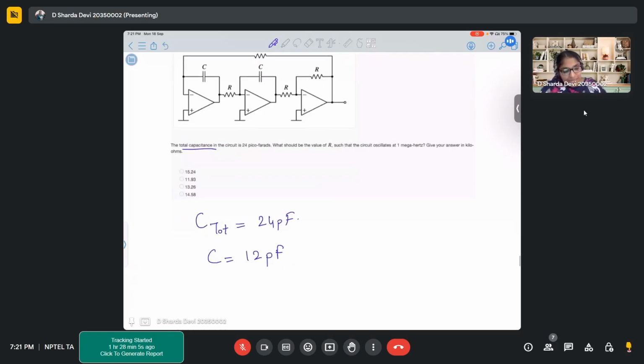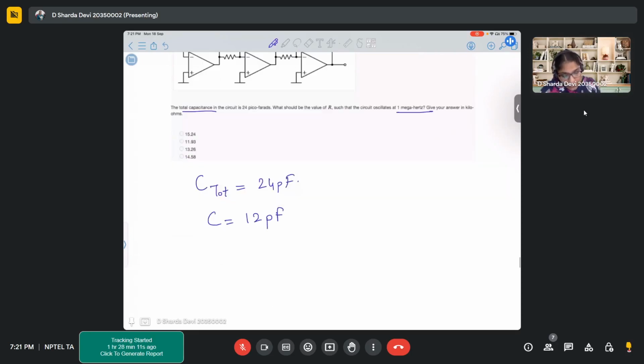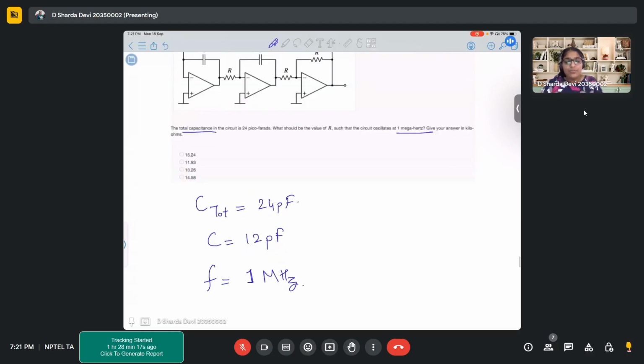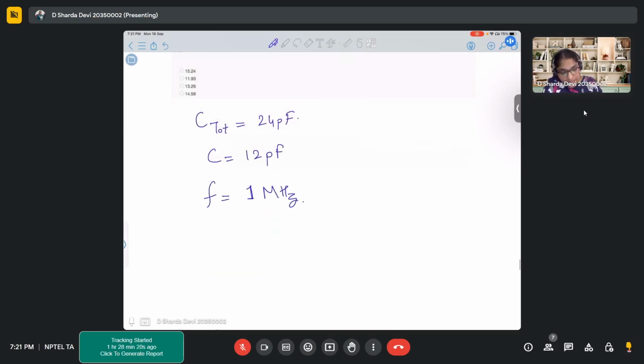So now it is asked that what should be the value of R such that the circuit oscillates at 1 megahertz. So the frequency of oscillation is 1 megahertz. And what is the value of R for that? So how do you get the oscillation frequency?